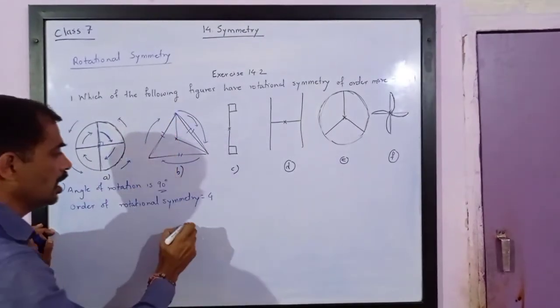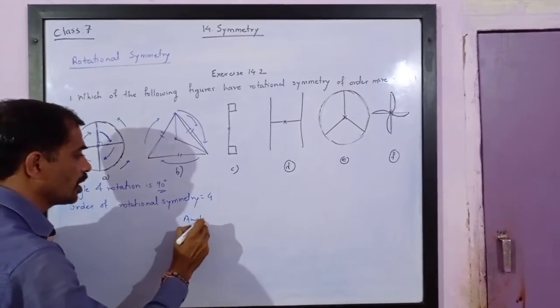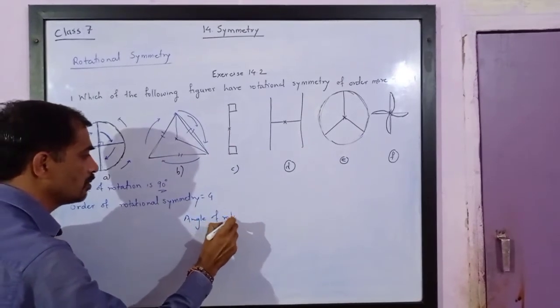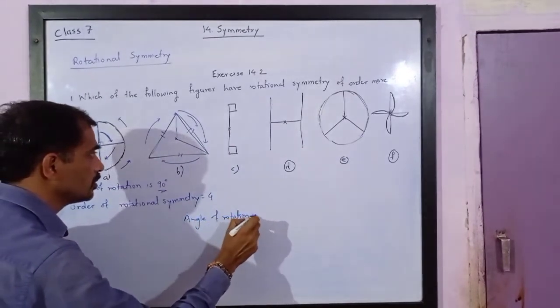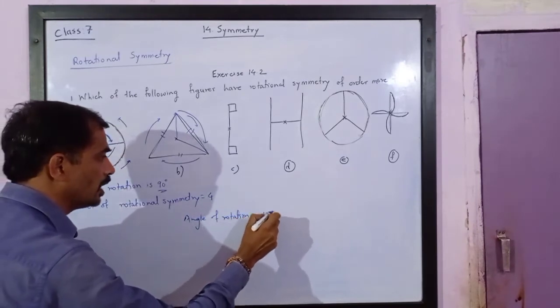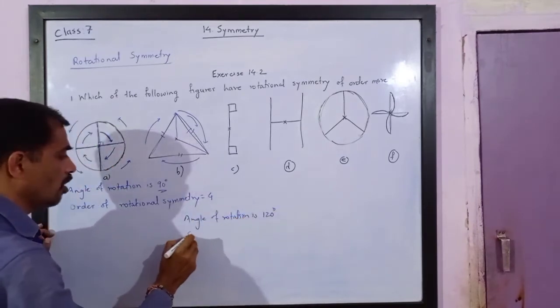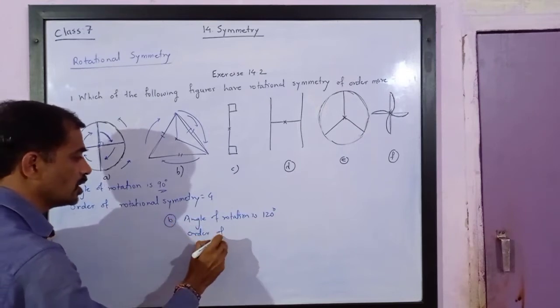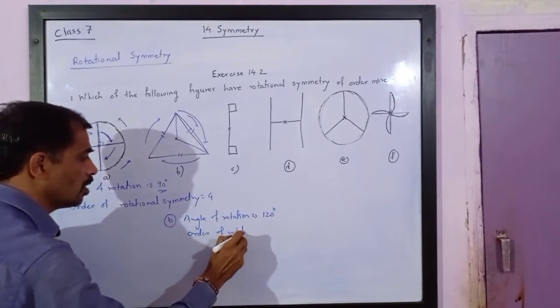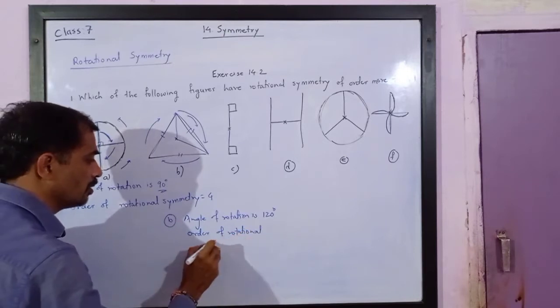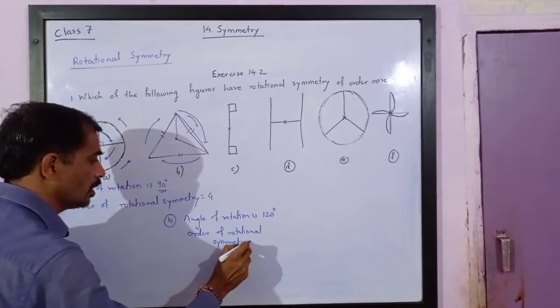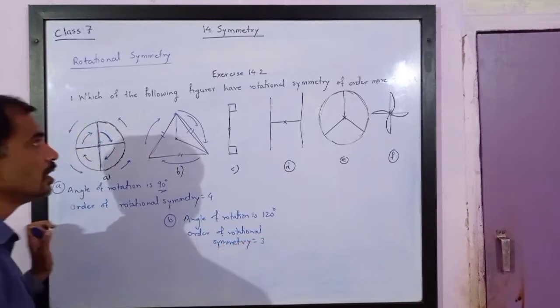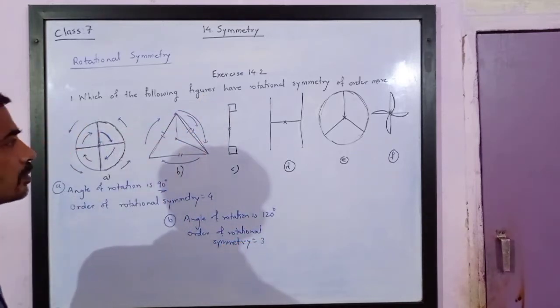So here, the angle of rotation is 120 degrees, and the order of rotational symmetry is equal to 3. Now see the third figure.